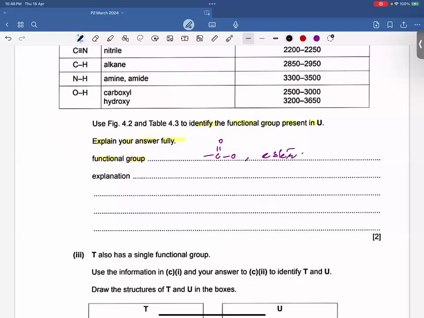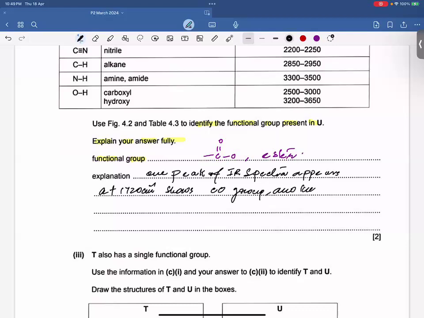Explanation: one peak of the IR spectrum appears at 1720 cm⁻¹, which shows a carbonyl group.